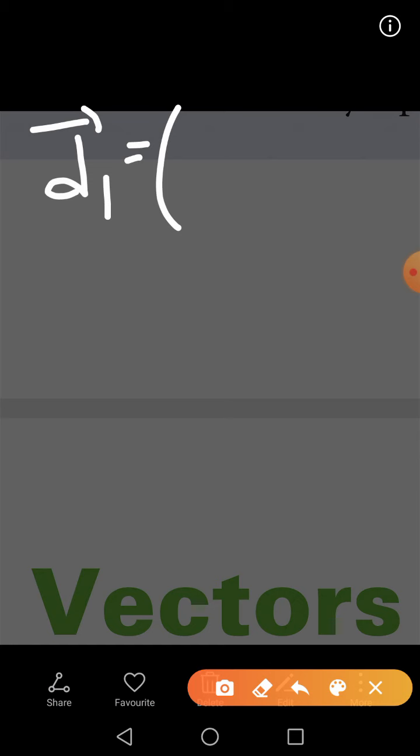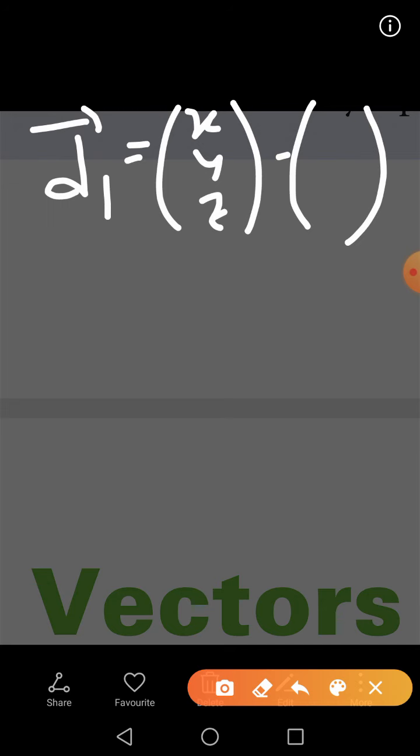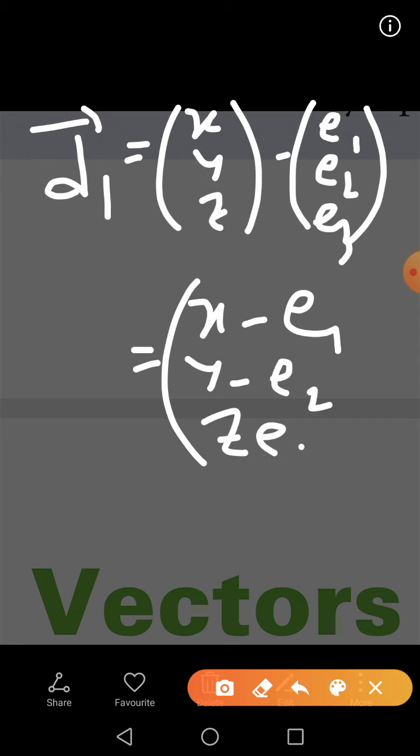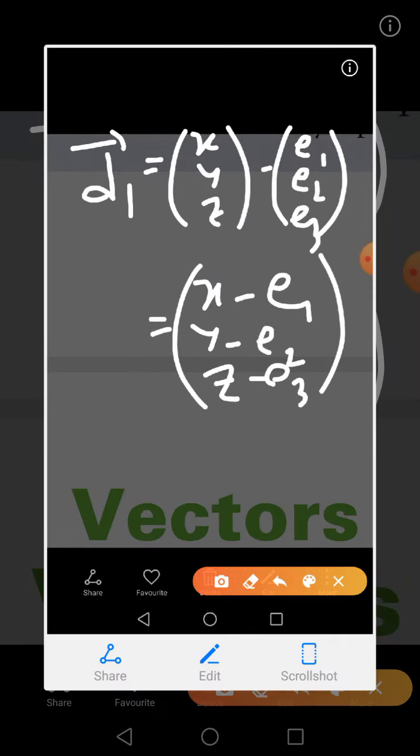One extreme point was the meeting point, which we are calling x, y, and z, and the other extreme point is the external point, which we considered as E1, E2, E3. So this is D1. That means we can write it as x minus E1, y minus E2, and z minus E3.